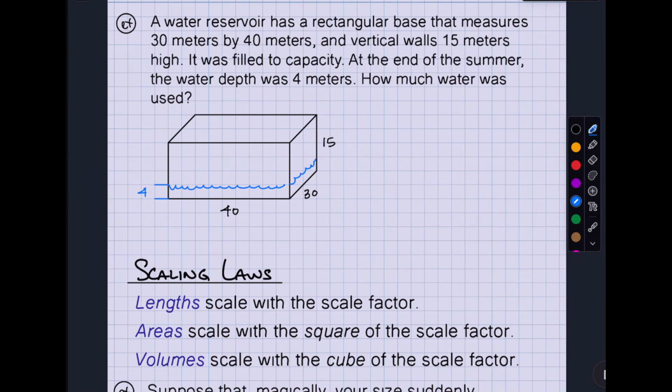So in the beginning of summer, how much volume of water did I have? Whatever metric they're using, gallons. So beginning of summer, volume for this is length times width times height. And you're telling me that this is 15 times 40 times 30, right? So the beginning of summer, you said, what was the number again?